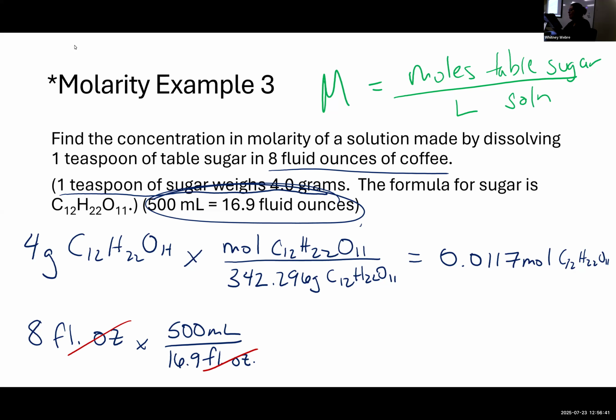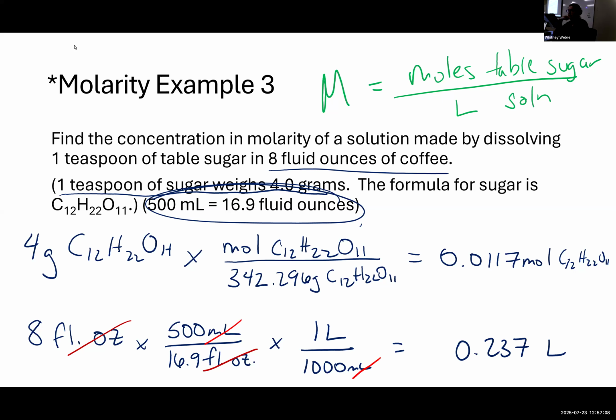But I can't have milliliters here, I have to have liters. So I have to then convert it to liters. And I got 0.237 liters. Let me check my math and let me know.